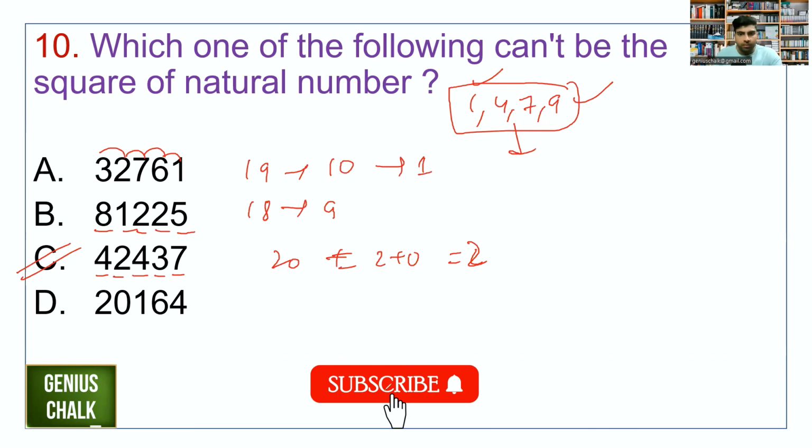If you check this, 2 plus 1, 3. 3 plus 6, 9 plus 4, 13. And 13 means 4. This is there in the list. Right, so every number is there in the list, but this is not. So you can remember the digital sum of a perfect square can only be 1, 4, 7, 9. So the answer of the question is C.